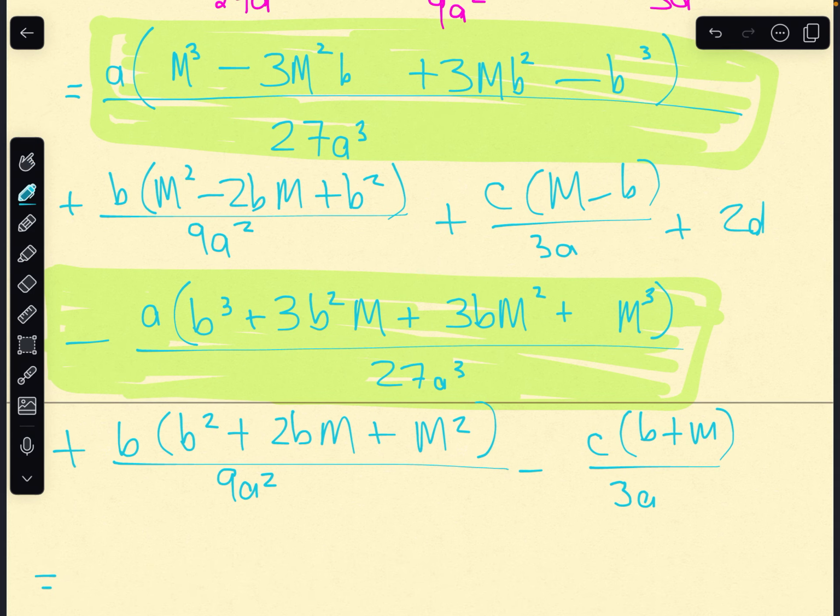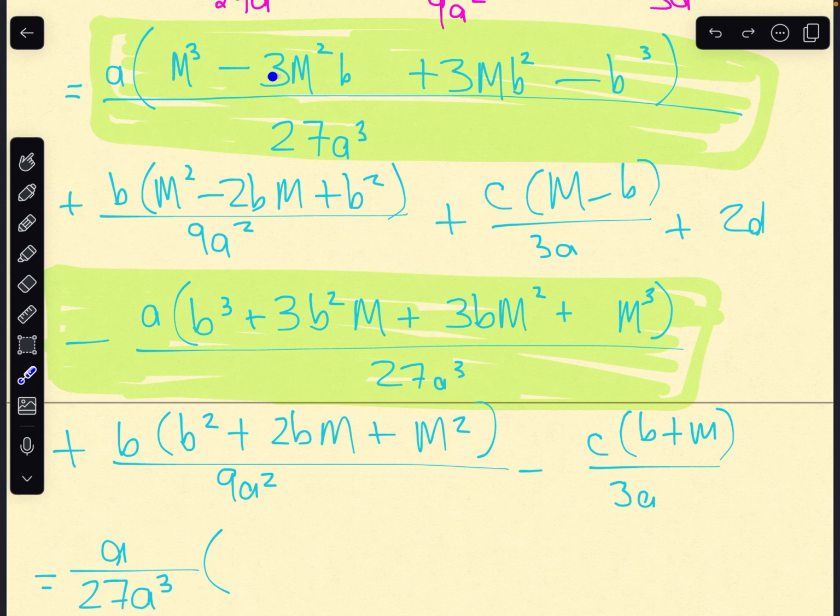So we can factor out the a and the 27a cubed. We're just going to be left with m cubed plus m cubed, so that's going to be 2m cubed. Oh, and it's not a plus. Mistakes are being made. I need to remember that this term has a negative, so we're minusing all of this stuff. So it's going to be m cubed minus m cubed, so those cancel out.